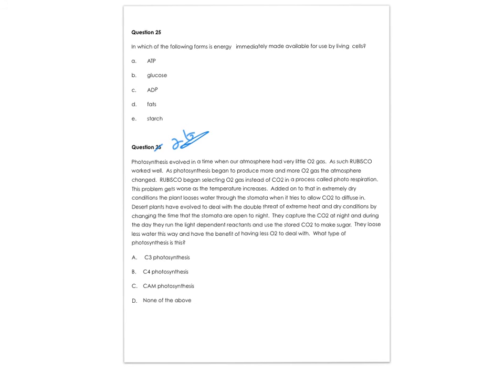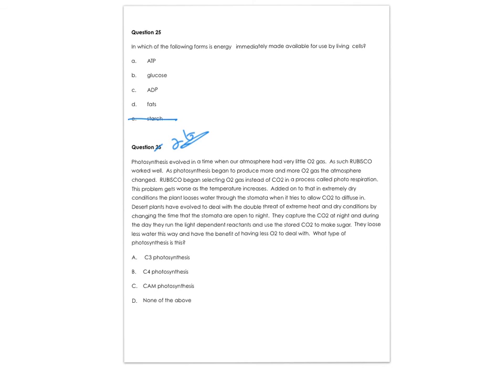In which of the following forms is energy immediately made available for use to living cells? There's only one form of these. These are all forms of energy, and we've talked about them many times. Let's go through them. Starch is the storage form of energy for plants, long-term storage actually in the roots. That's why potatoes are starchy. Storage versus immediately made available are exactly the opposite, so it's not starch.